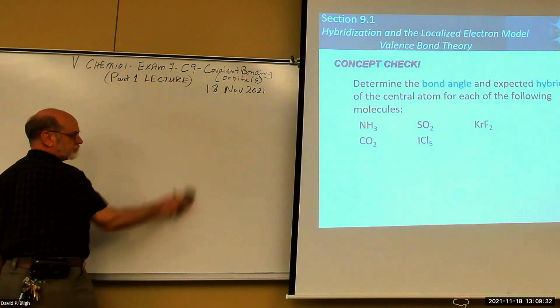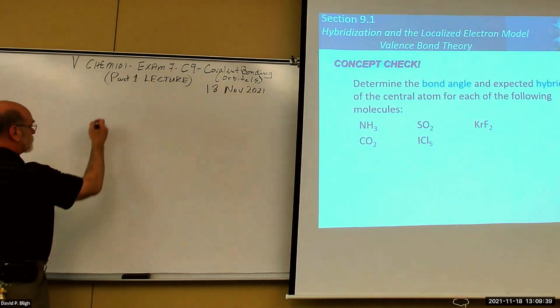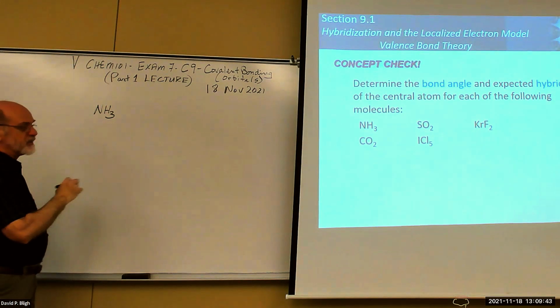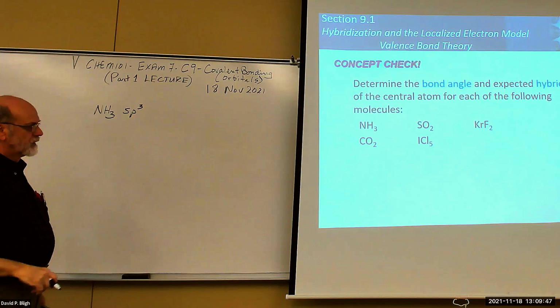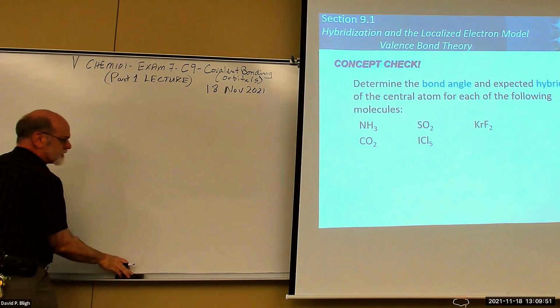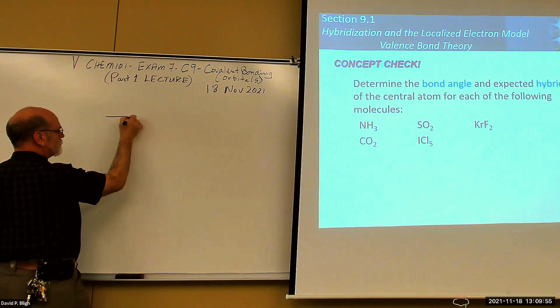All right. So let's see. What are the bond angles and the hybridizations for each one of these? Well, we just did ammonia. Ammonia has to be sp3. Well, no, before we do that, I don't know if this is in your book, but it helps me if I set up a table.